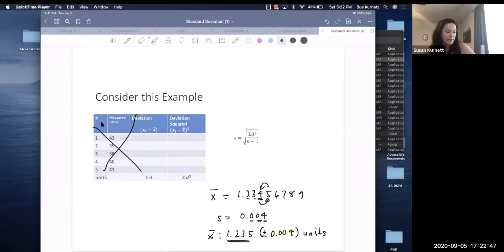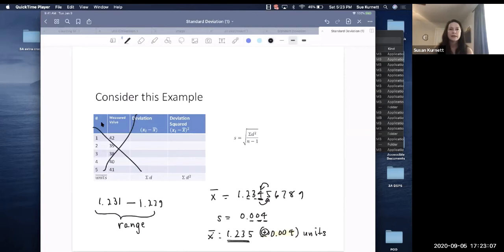So we might have a number that was as low as 1.231, or it could be plus 0.004, 1.239. This would be the range that we expect. So the standard deviation is saying this average, but it might be a little lower, this much on one side, and a little higher, the same amount on the other side.